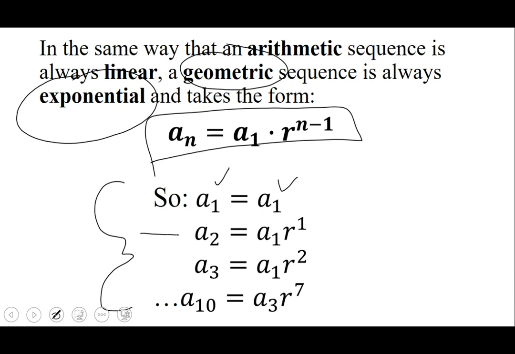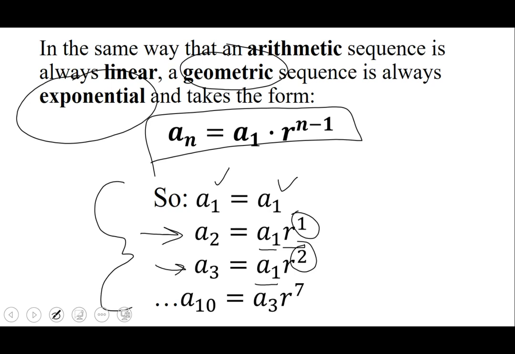If you wanted to talk about the relationship between the second term and the first term, you would multiply the first term by exactly one common ratio, because there's one common ratio between the first and second term. If you were talking about the third term and you were starting with the first term, you'd multiply by exactly two common ratios, r times r, better known as r squared, because there are two ratios between 1 and 3.